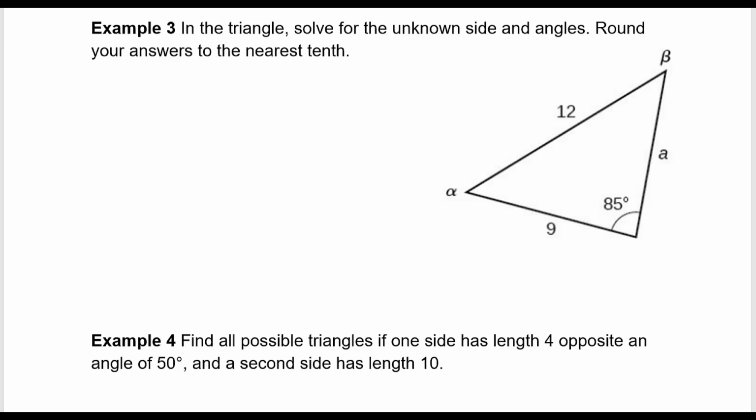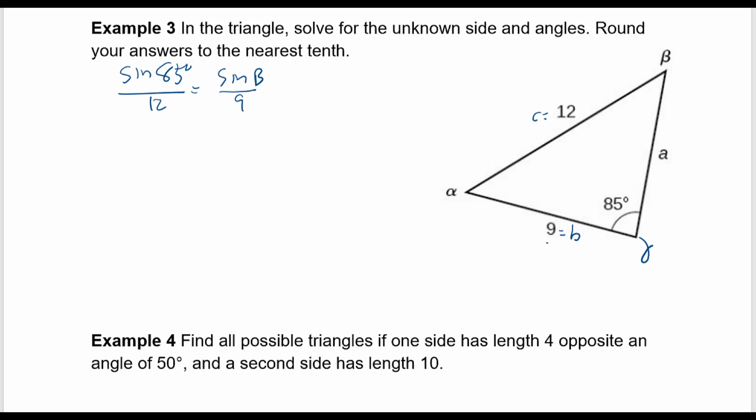So again, we have a side and an angle not included between them. So this must be our gamma. There's our alpha, our beta. So what do we know? We know B, that's our B. This is our C. So we can say sine of 85 degrees over 12 equals sine of beta over 9.